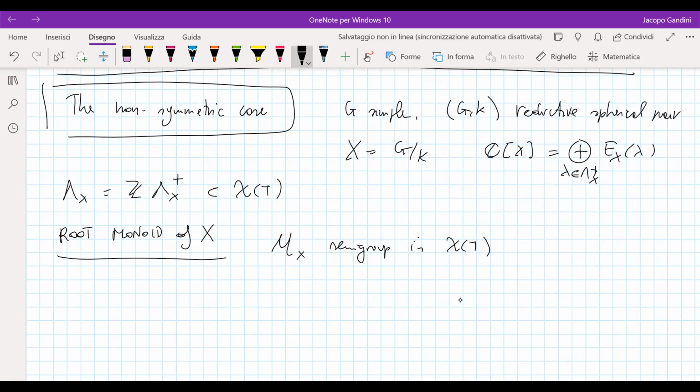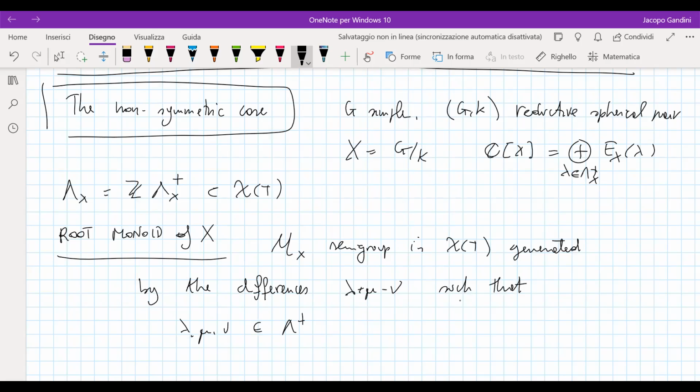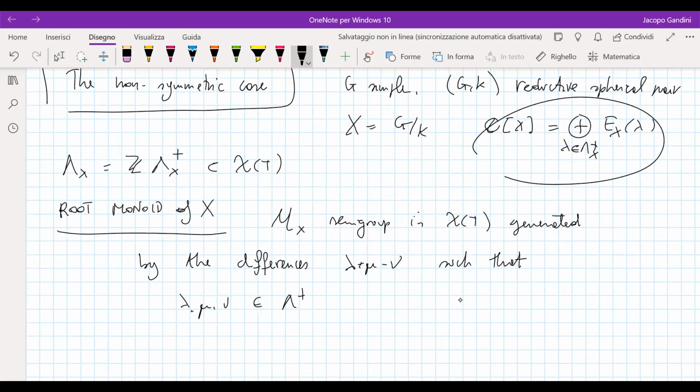in the character lattice generated by the differences lambda + mu - nu, such that lambda, mu, and nu correspond to some irreducible components in our coordinate ring, and E_nu appears inside E_lambda times E_mu.